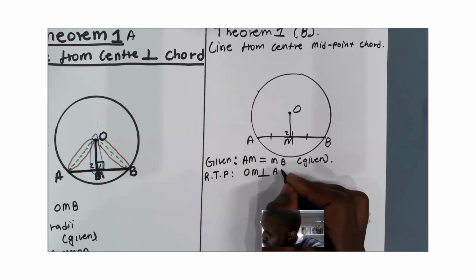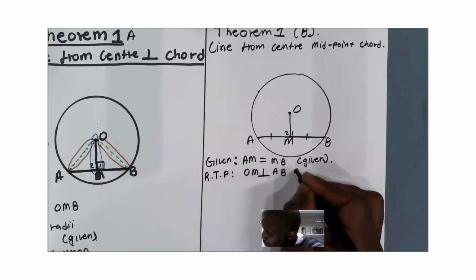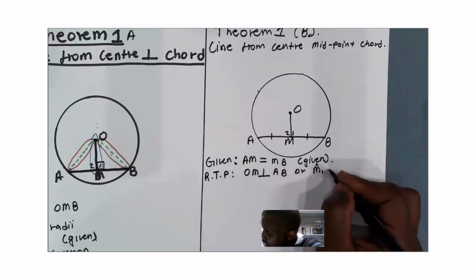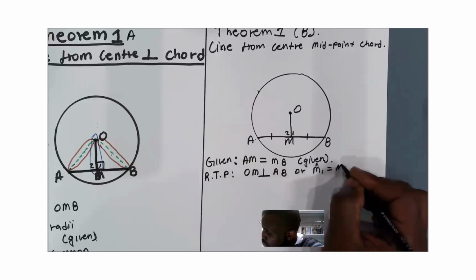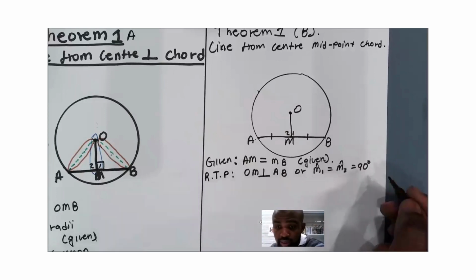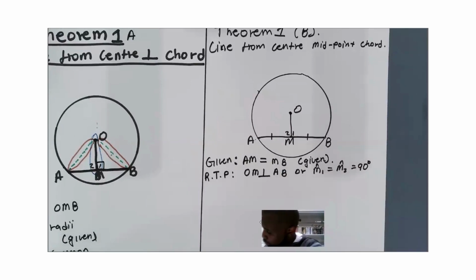Or si prove ukuthi angle M1 iyalingana no-angle M2, which is ulingana no-90 degrees. This is what we are required to prove. Into kumele siyiprove this one. So now let's prove.